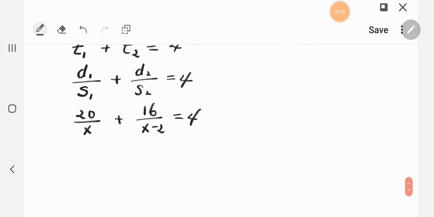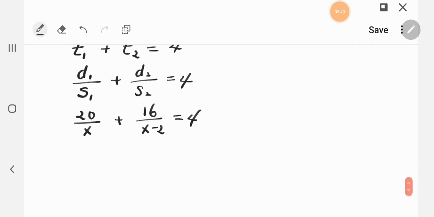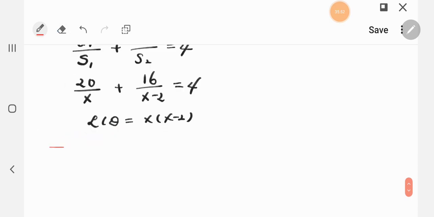So let's find x, the speed of the first section. From this, why don't we multiply by the LCD? The LCD is x times x minus 2. So multiply x times x minus 2 to each side of the equation.